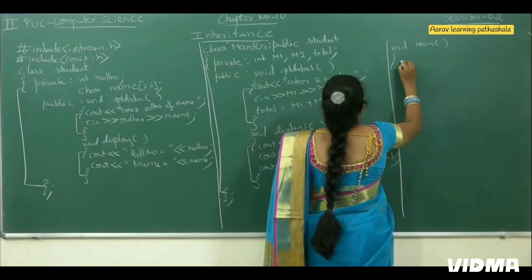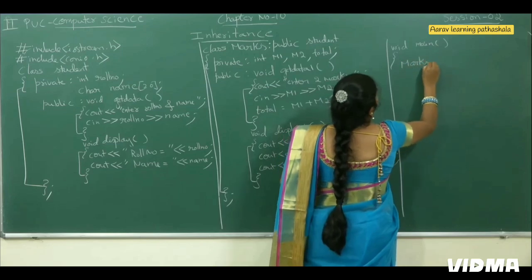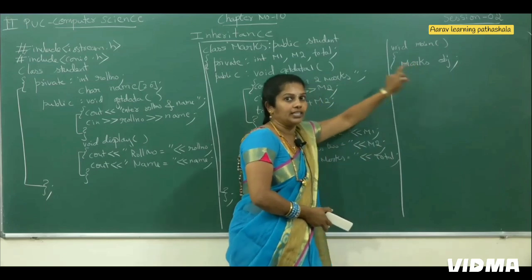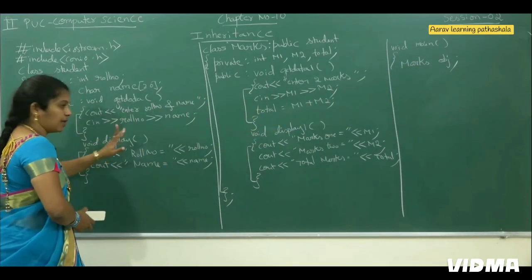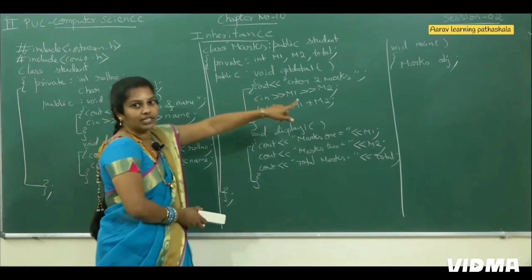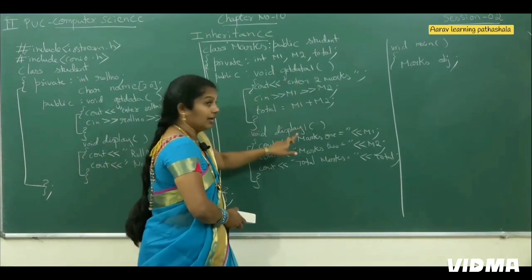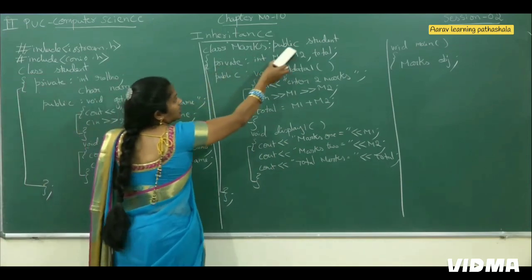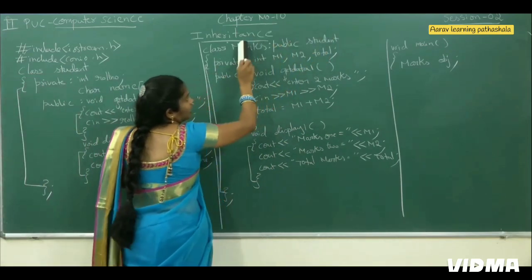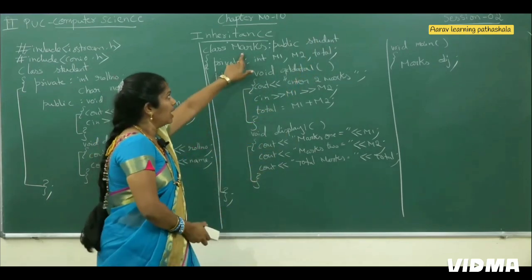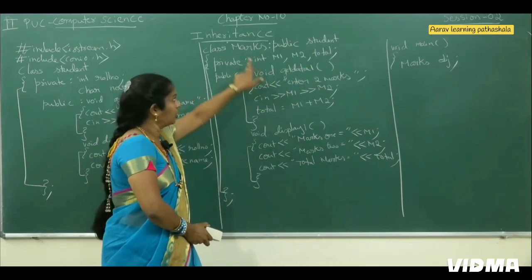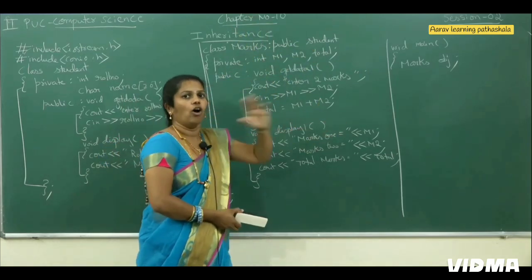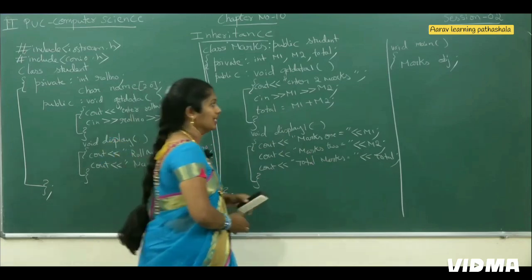Why did I not take student here? If I had taken student, only the get data and display functions I could use. Since I create the object for marks, I can use get data 1, display 1 as well as get data, display, because marks is derived from student and acquires its properties. That is, marks has additional properties along with those of the base class. So if you create the object for marks, all the data and all the functions you can access.